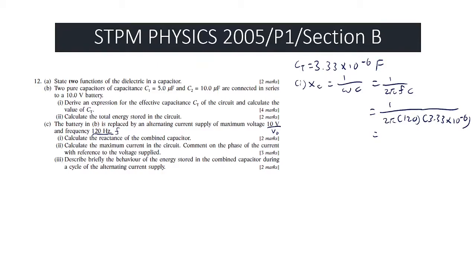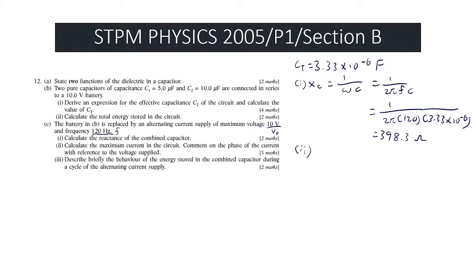So 1 over 2 pi times 120 times 3.33 times 10 to the negative 6, and we get 398.3 ohms.